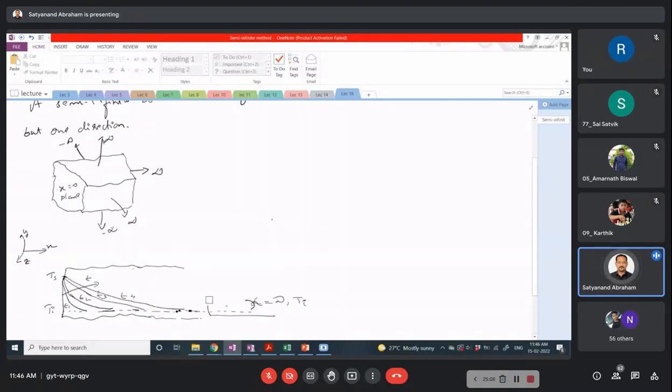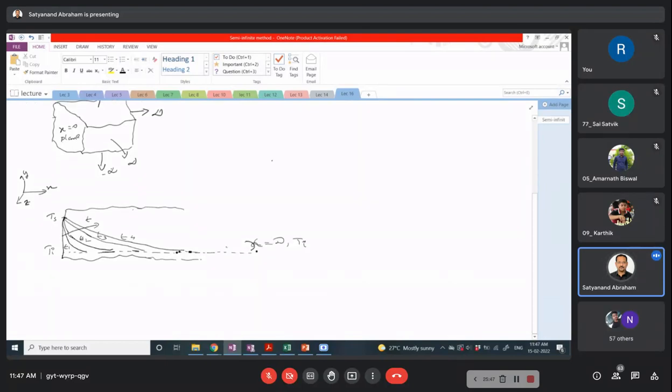We will see practically how it is going to be useful later, but for now understand that at x equal to infinity, whatever the time we are talking about, it is always going to be unaware of the situation, right? So when we are talking about semi-infinite, just think that at x equal to infinity, it is always unaware of the boundary condition. That is what the semi-infinite solid is all about.